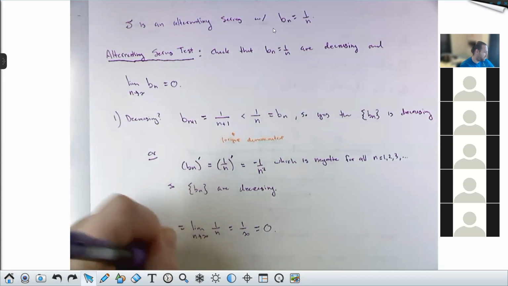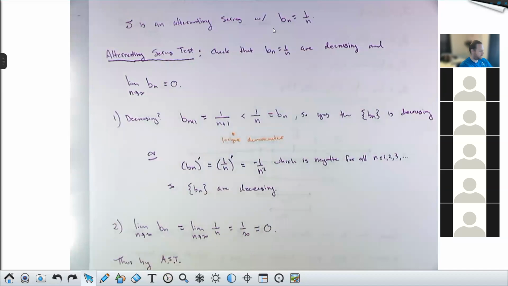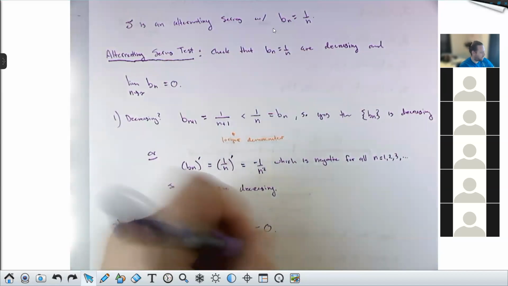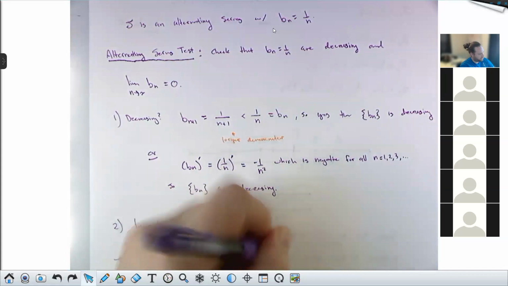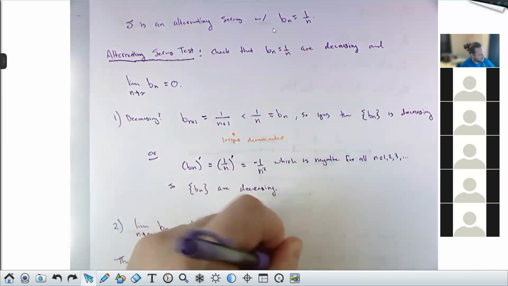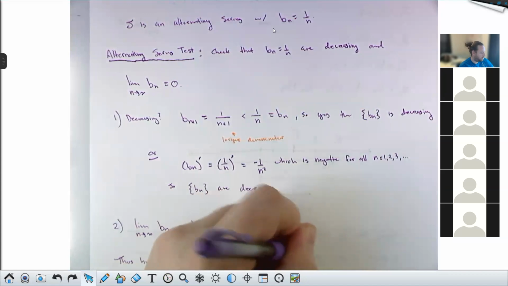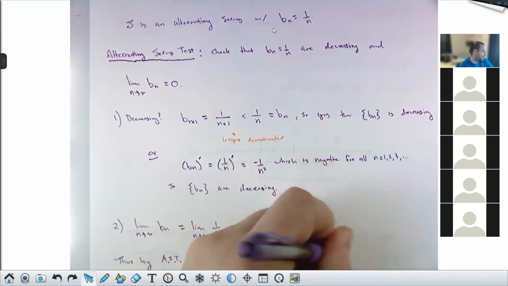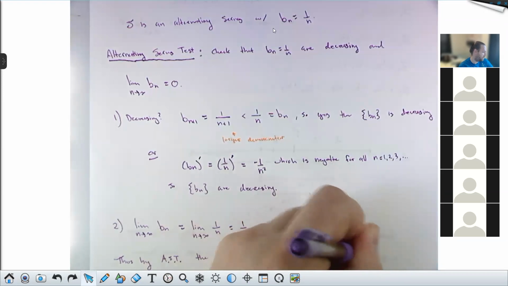by the alternating series test, which I will abbreviate AST, the series S equals sigma n from 1 to infinity, negative 1 to the n plus 1 over n must converge.